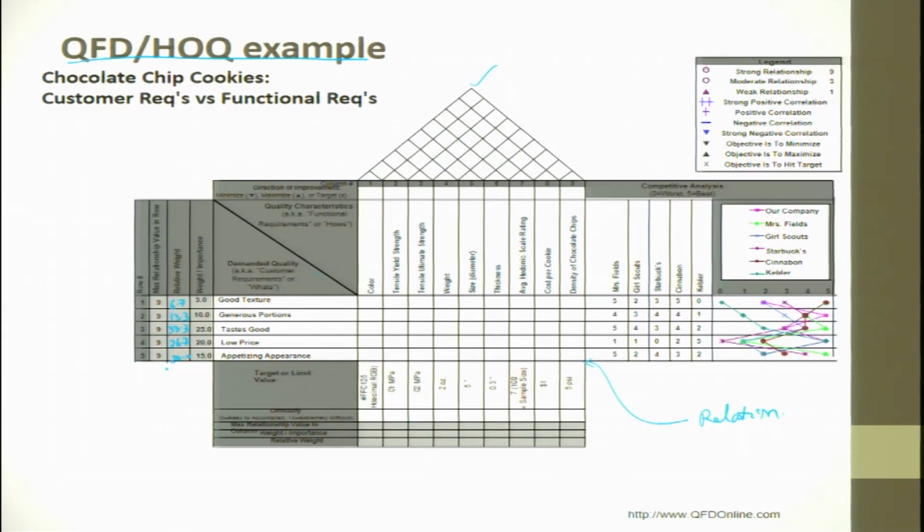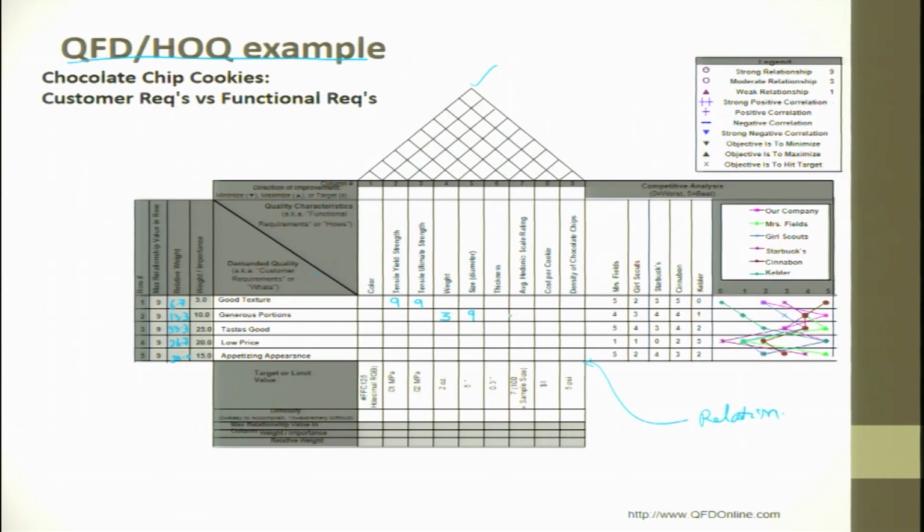So now let us see the relationship. The good texture has a strong relationship with respect to the output. So I give it 9 marks. Then for tensile yield strength, I give 9 marks. Generous portion and weight have a very weak relationship. Generous portion and size, it is very high.